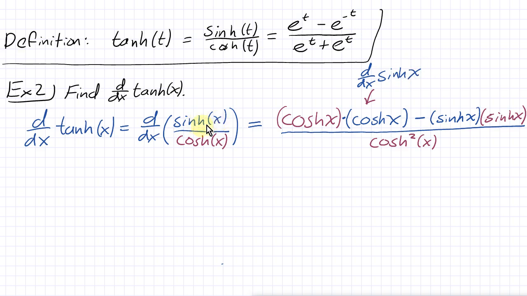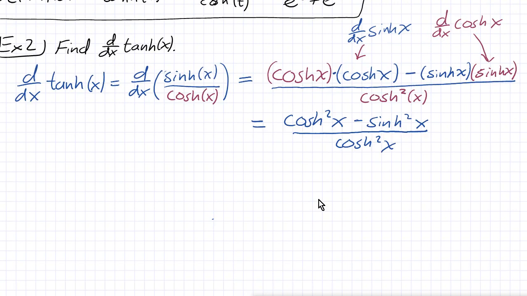So when you do the derivative of the top part here, that just becomes cosh of x here. And likewise, the derivative with respect to x of cosh of x, that's the derivative of the bottom, is just equal to sinh of x. And then the denominator, you just square that. So then you could write this as cosh squared of x because they're both cosh, and here you can write this as sinh squared because they're both sinh, and maybe you can see where this is going.